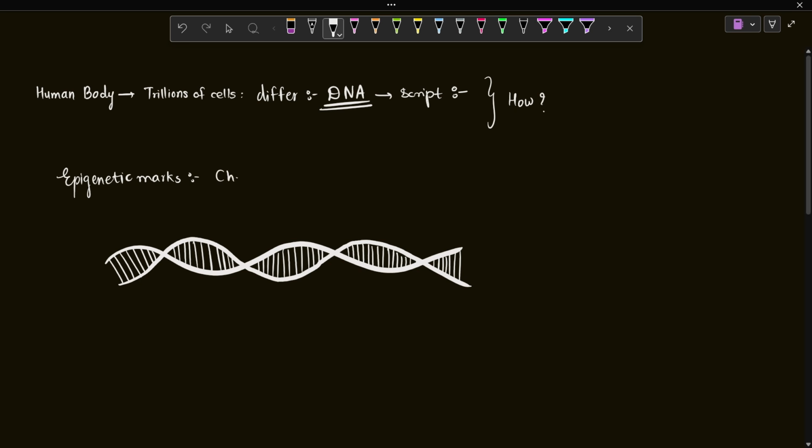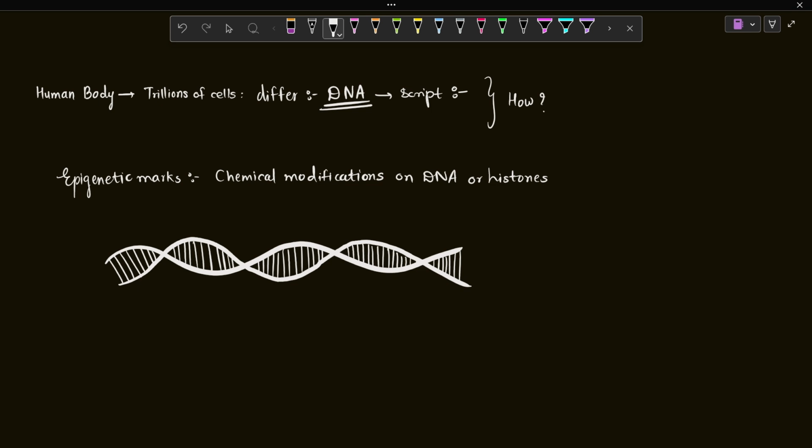Epigenetic marks are chemical modifications on DNA or histones, which are caused over a period of time due to environmental factors or some other factors.